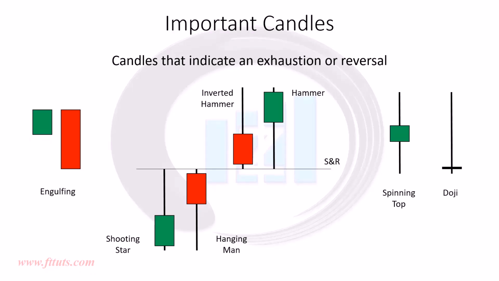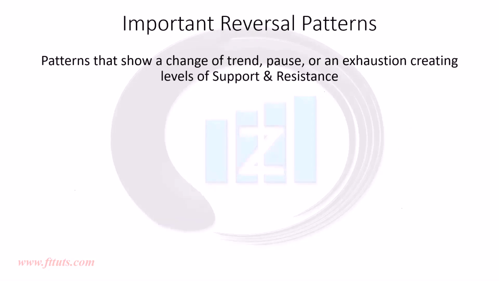Our dojis again are just going to indicate that we have exhaustion in the market and could be a good indication that the next follow-up candles are going to point towards our possible entries into the market. I'm going to go over this on a live chart to show you what I mean in just a second. For now, just remember that these are the important candles that we want to look for when we start to look for our entries at trend and structure.